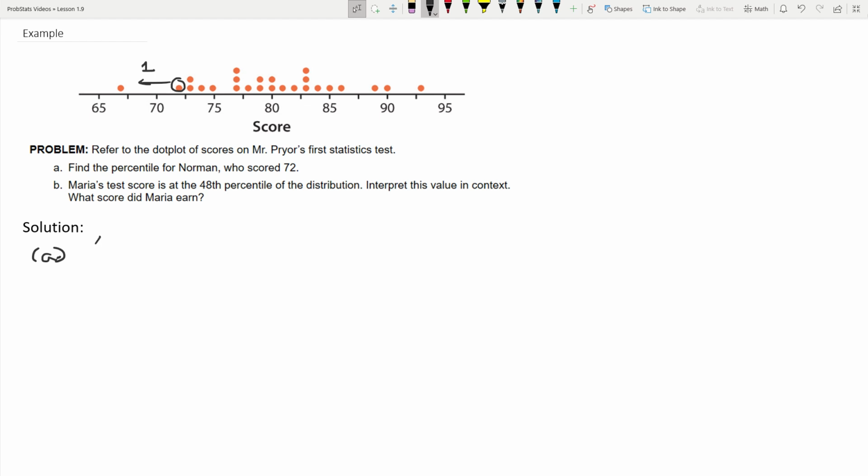Therefore, he's at 1 out of 25 times 100. In this case, that's 4%. So Norman scored at the 4th percentile.